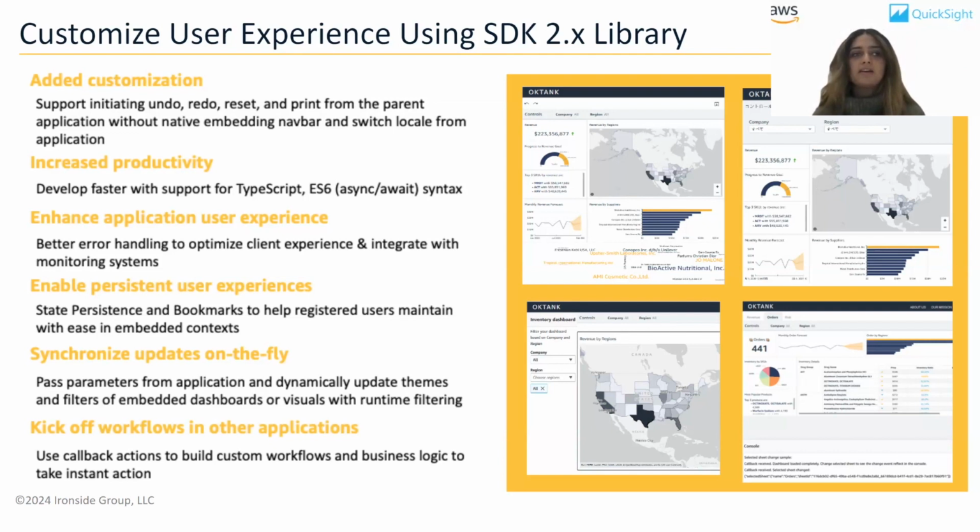So if you want to give them a specific theme that's related to their own company colors, as we see here on the slides, we're using a lot of blue and yellow. And so being able to match it according to your own company makes it a little bit easier to see, and being able to even set up those different runtime filters externally. So not having to utilize parameters, but instead having those filters load based off of different data that you've decided to select within your own application.